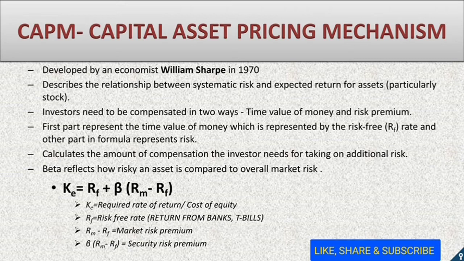So 4% is called RF. And the other part in this formula is called risk premium, or we can say security risk premium. RM minus RF is called market risk premium, and when the RM minus RF value is multiplied by beta, then it is called security risk premium.